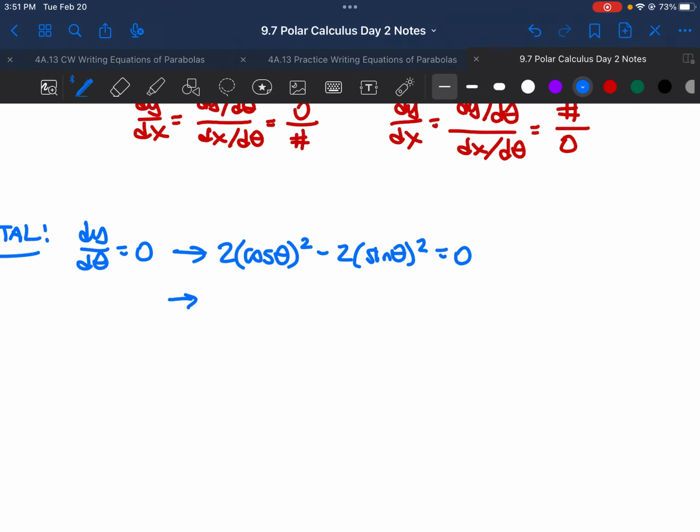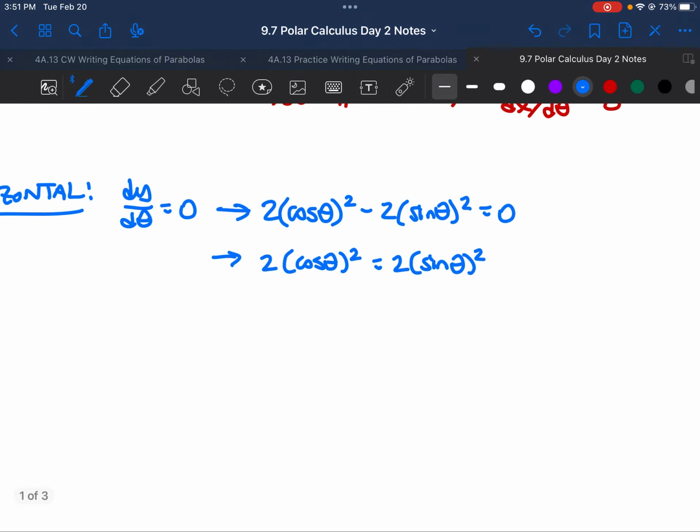This means I can go ahead and add the 2 sine theta squared over to the right side. So 2 times cosine theta squared equals 2 times sine of theta squared. You can eliminate the 2's here, divide each side by 2.